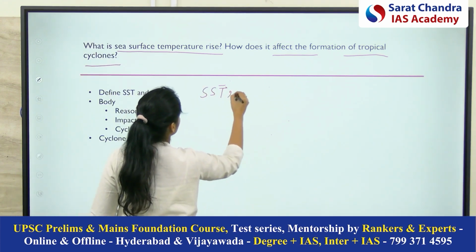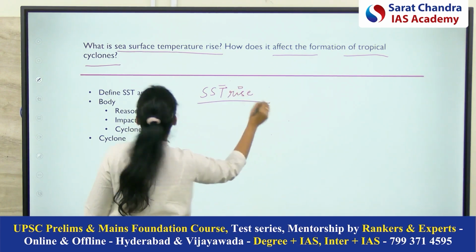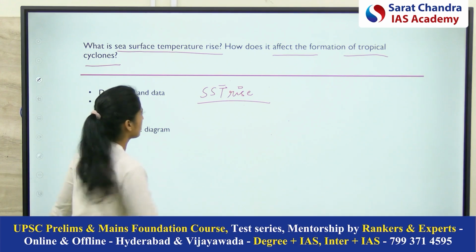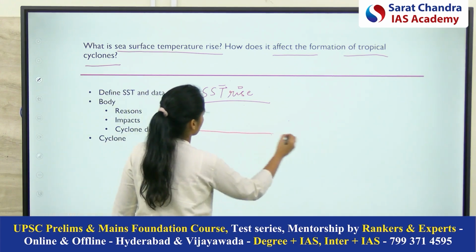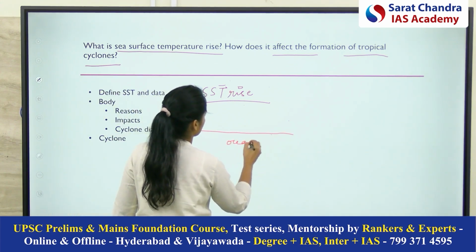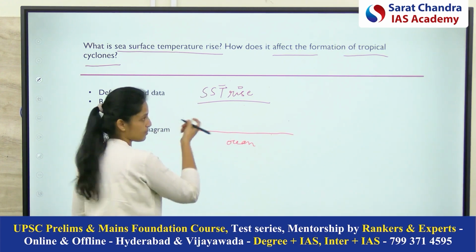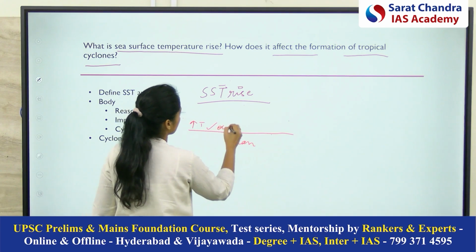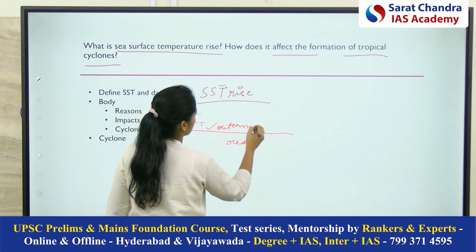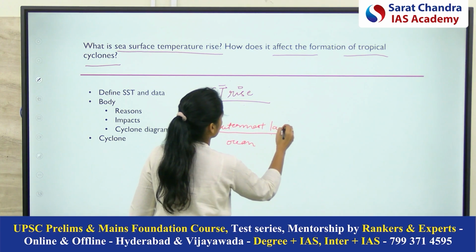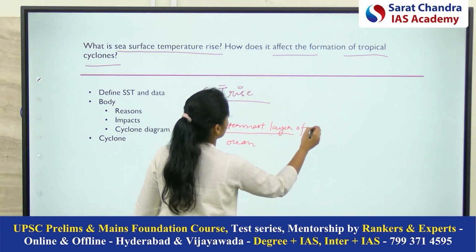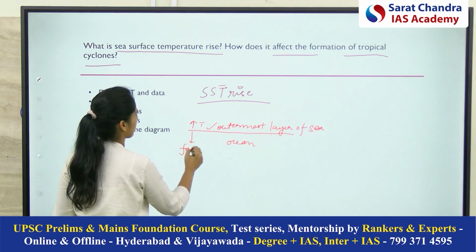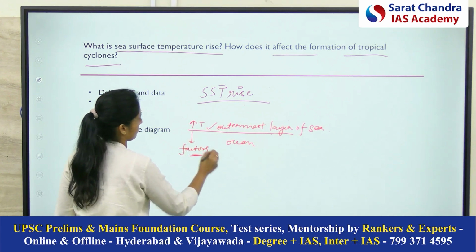So now let's discuss what is sea surface temperature rise. So it's nothing but an increase. Sea surface temperature rise is the increase in the temperature of the outermost layer of the sea, and this increase in temperature can be because of various factors which we will be discussing.